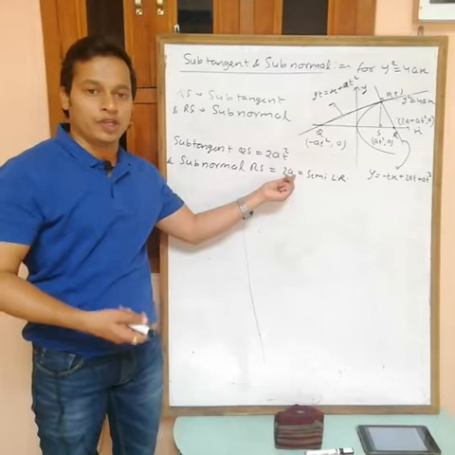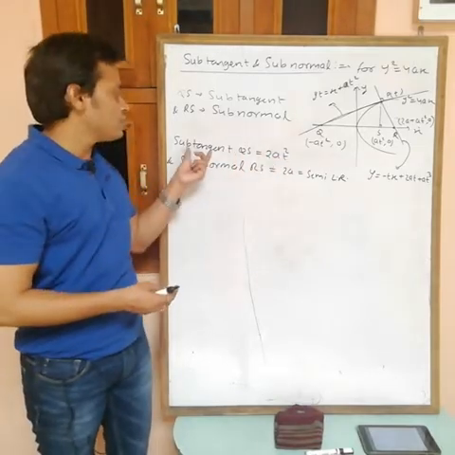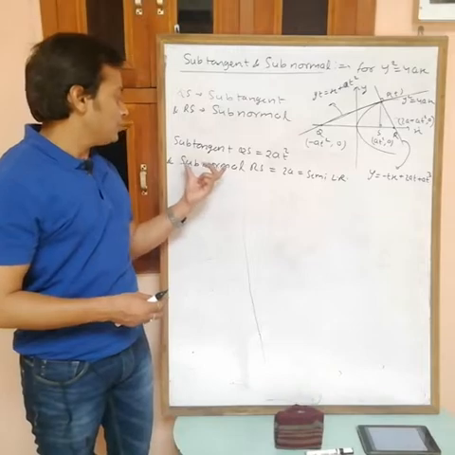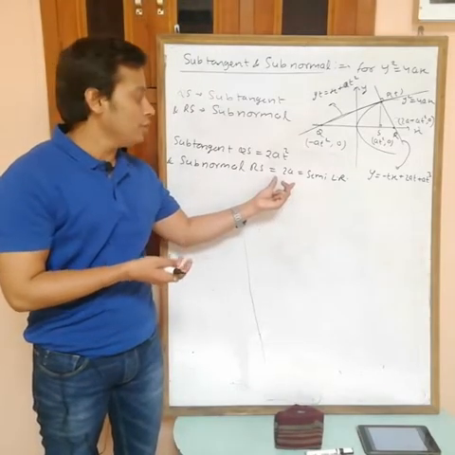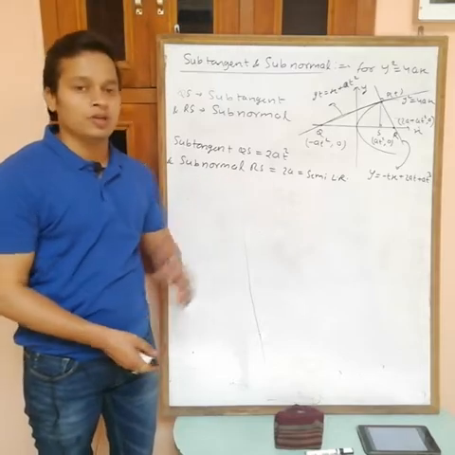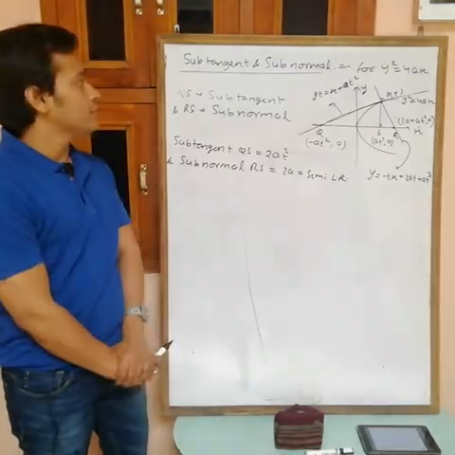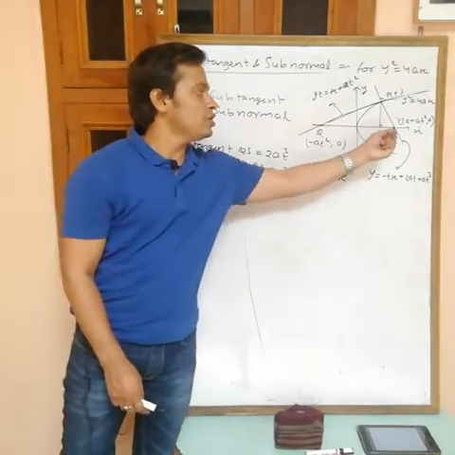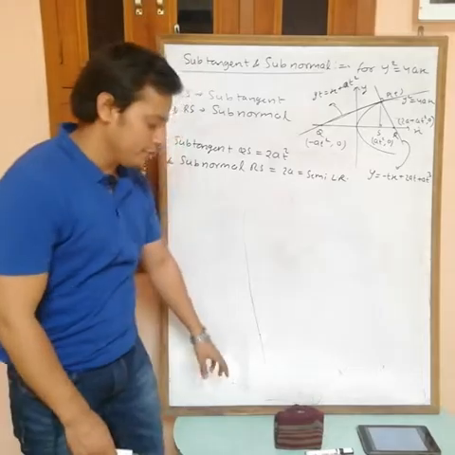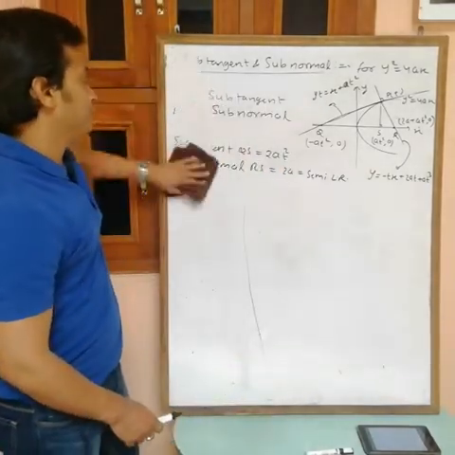The length of subtangent depends on t, so if the point changes, the length of subtangent changes, but the length of subnormal is 2a and is not depending on t. So the length of subnormal is always constant, equal to the semi latus rectum. So subtangent and subnormal are clear, this part is known as subtangent, this one is subnormal. Okay, can I write down?